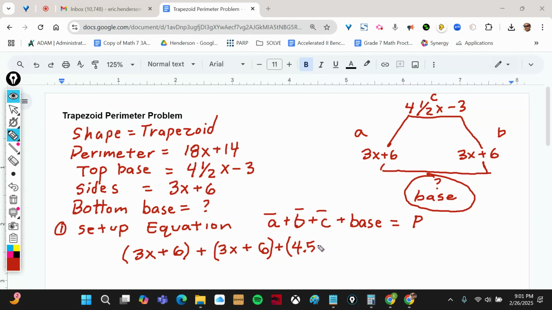Everybody else has an x, so why not 4½ minus 3, plus the base equals the perimeter, which is 18x plus 14.